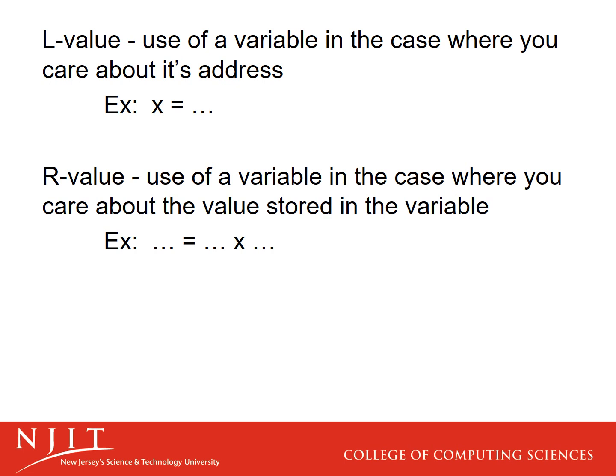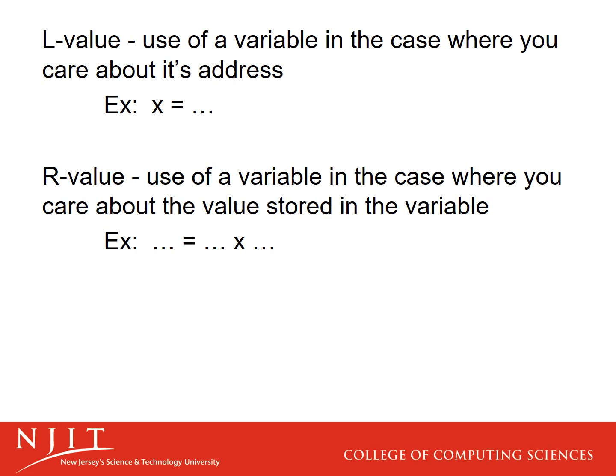And when we care about assigning to a variable, we say that we care about the variable's L value, the value that you use when it's on the left-hand side of the equal sign. The L value for a variable is the address that is bound to that variable. And we store things in that address to bind a value to a variable.